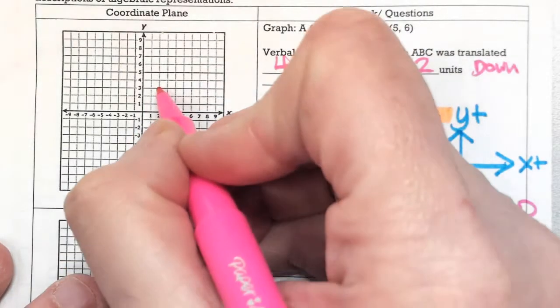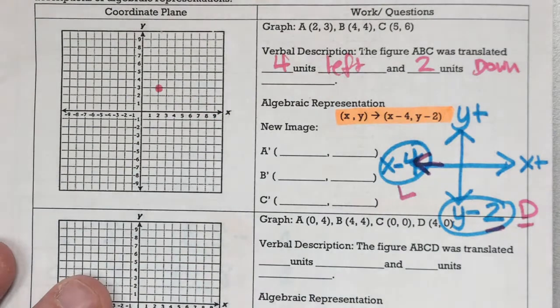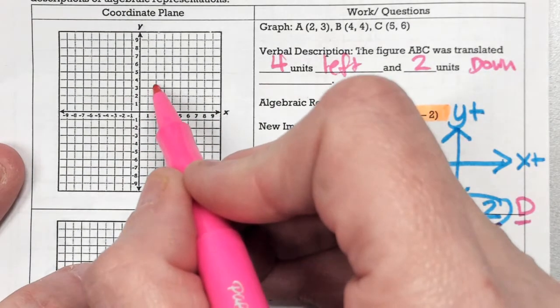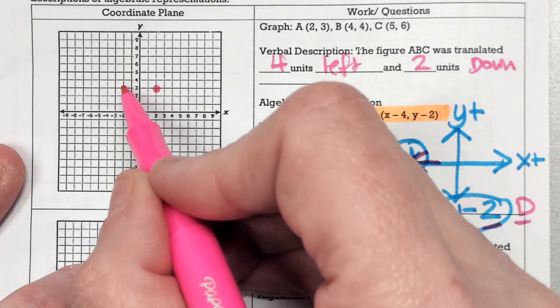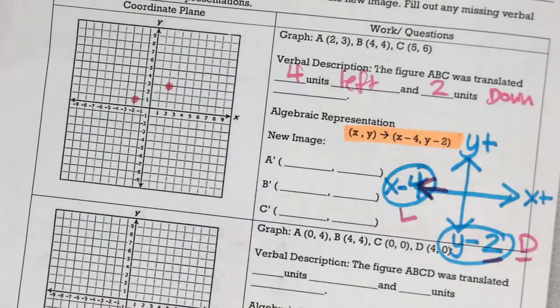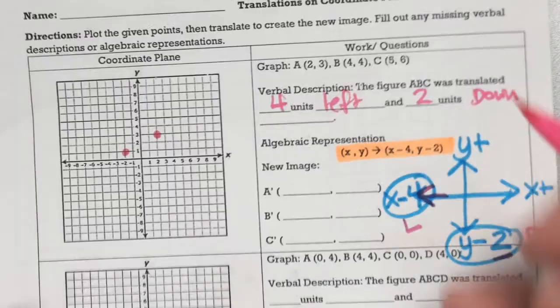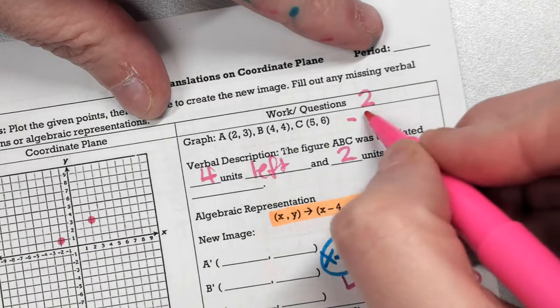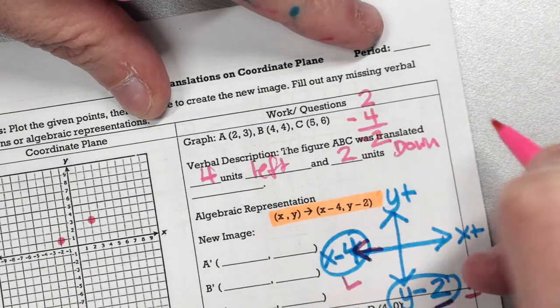So I have this point here at 2, 3. Okay, so it says x minus 4, y minus 2. So if I'm going to go 4 left, I'm going to go 1, 2, 3, 4, and 2 down, 1, 2, and I wind up there. If I take 2 and subtract 4 from it, I wind up at negative 2.